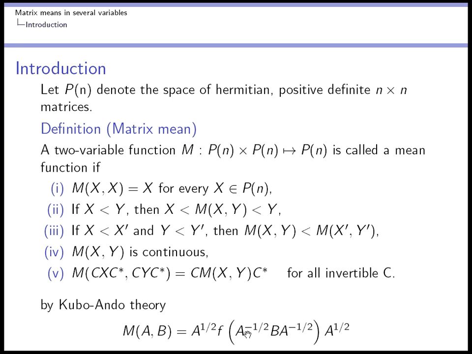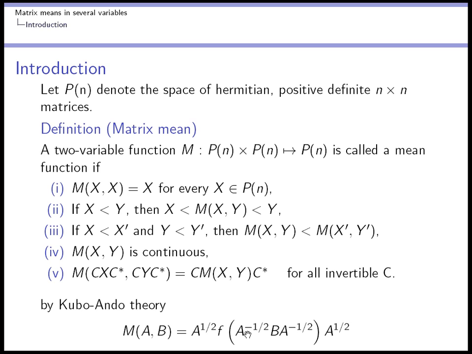Actually, we'll denote with Pn the space of Hermitian positive definite n times n matrices. And we will be defining a two-variable function on this positive cone, which will be called a matrix mean if the following properties are met. The first property is idempotency, which means that if we take the mean of two identical matrices, we will get the same matrix again.